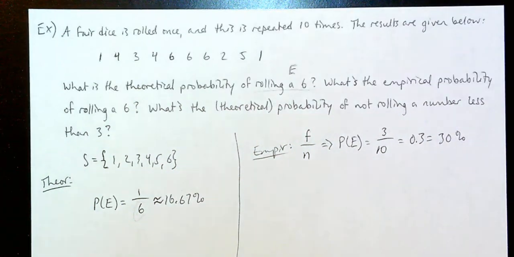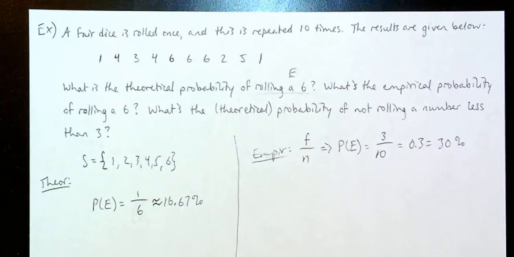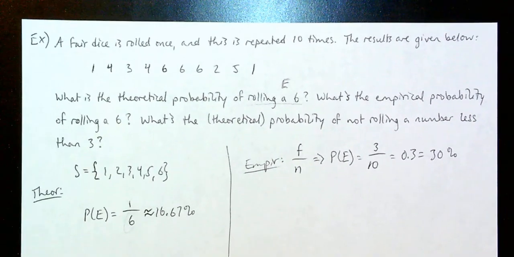And this is a little bit of foreshadowing, but the more trials you do in any kind of probability experiment, the closer the actual probability of the thing happening based on your trials becomes to what we know we should get, the probability that we should get without having to do any trials whatsoever.